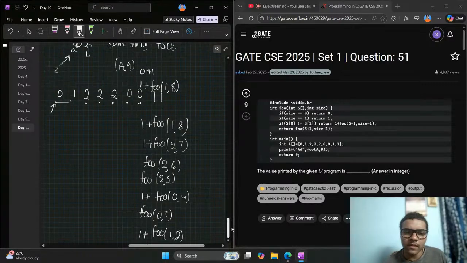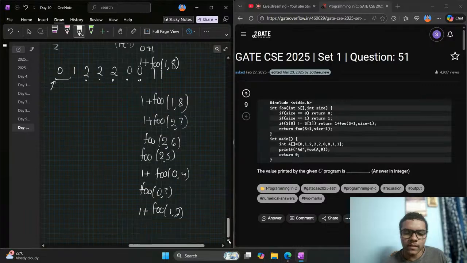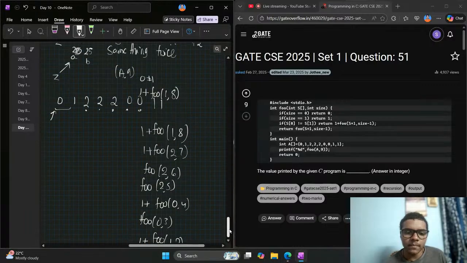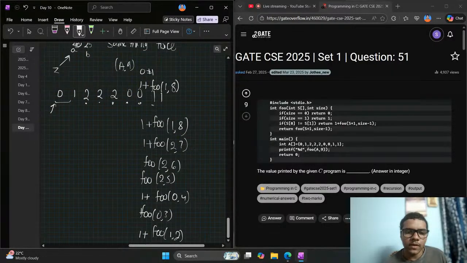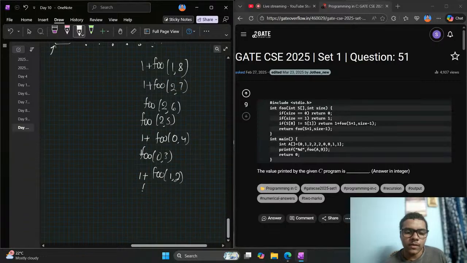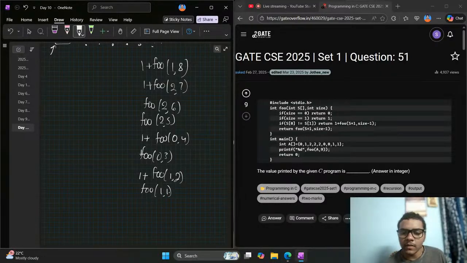Now size is equals to 1. No, size is equals to 2. So now the pointer is here. 1 and 1 are equal. So it returns foo of 1 comma 1. Size is equals to 1.